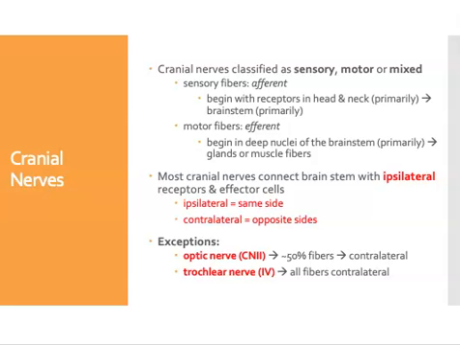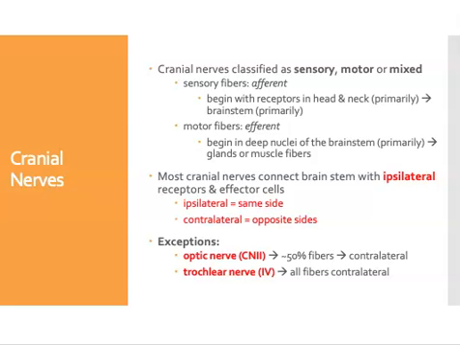Now, the efferent side of things, the motor fibers that you find in some of the cranial nerves, are beginning in the deep nuclei of the brainstem, again, primarily, and they're traveling out to the periphery. So they're ending up on muscle fibers or glands out in the periphery somewhere. Now, most cranial nerves are connecting the brainstem with either a receptor or an effector cell on an ipsilateral side.